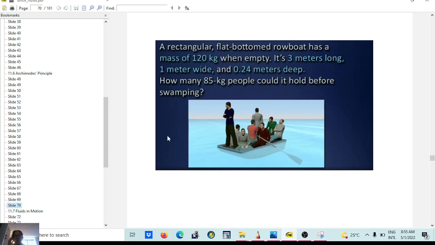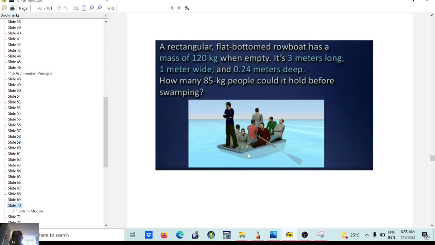So here's the challenge problem. You have a boat and you keep adding people. The boat has a mass of 120 kilograms when it's empty and it's 3 meters long, 1 meter wide, and 0.24 deep, so you have the volume.